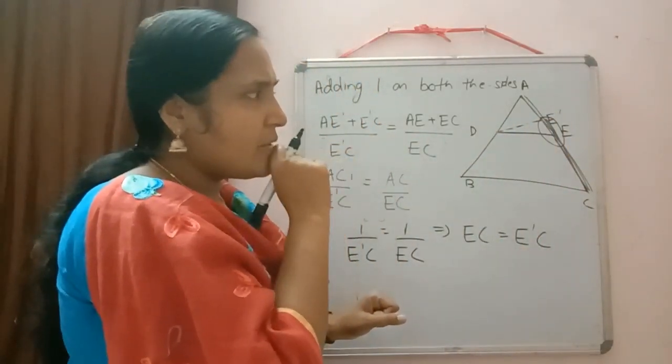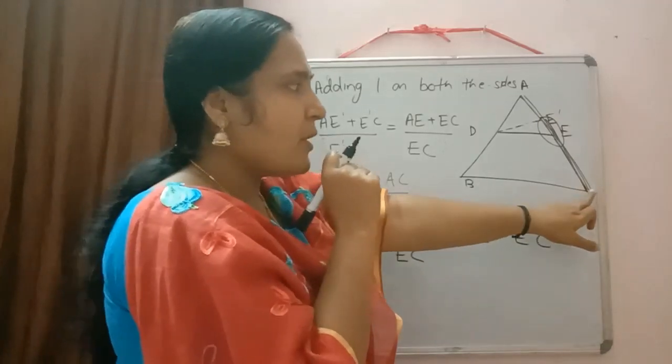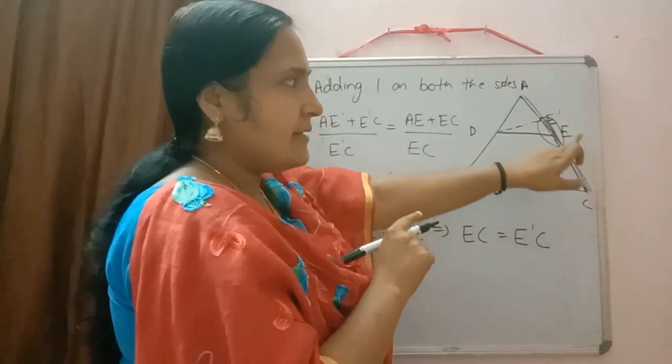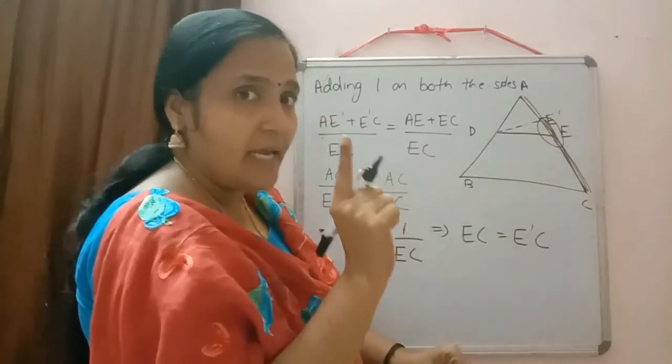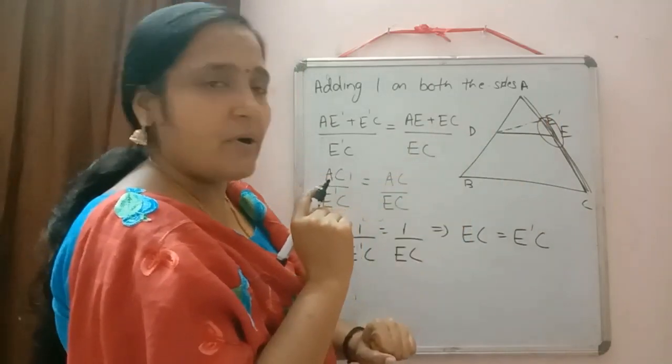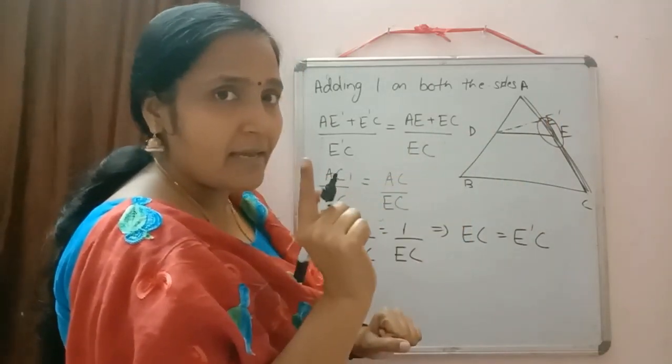If they are equal in length and the starting point is the same, then their ending point also should be the same. There should not be two different points. Are you getting my concept?